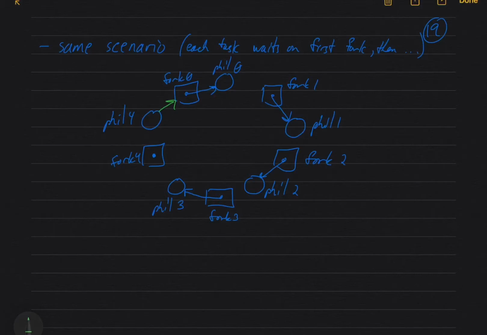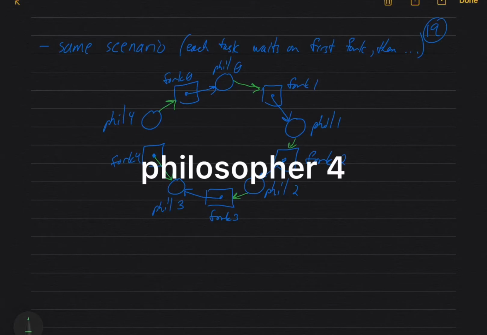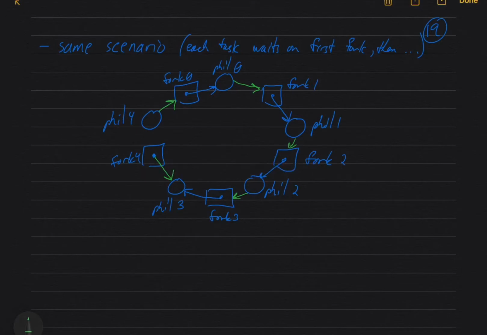So then what will happen is now philosopher 0 may be waiting on fork 1, philosopher 1 may be waiting on fork 2, philosopher 3, when it goes to acquire fork 4, is going to be successful because fork 4 hasn't been acquired yet before philosopher 4 tried to wait on fork 0.